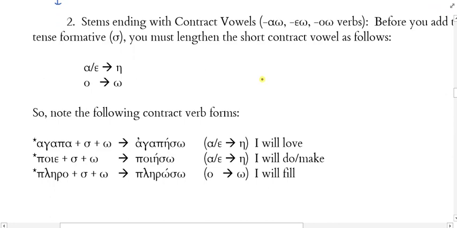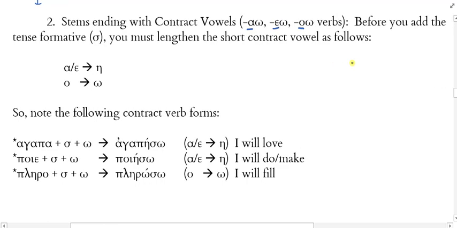We also learned about contract verbs the other day. And contract verbs have contract vowels at the end of their stems. What are my three contract vowels? Alpha, epsilon, omicron. Okay? And so here's the rule about contract vowels. This is going to be a consistent rule that contract verbs follow over and over and over again.